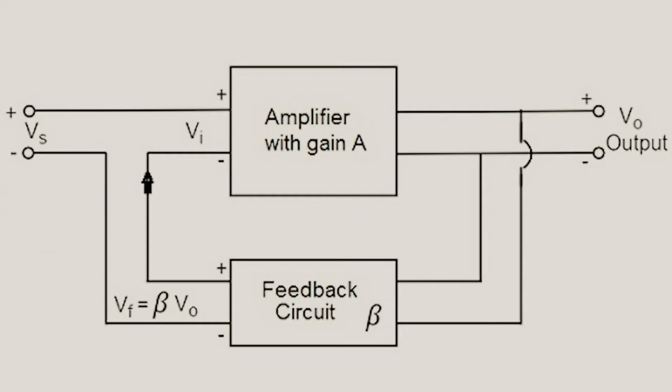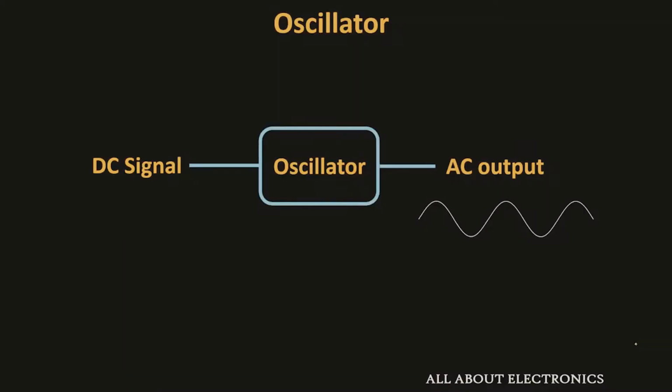The output signal is fed back to the amplifier input through the positive feedback path. So basically, an oscillator accepts the DC voltage and generates the periodic AC signal of desired frequency.